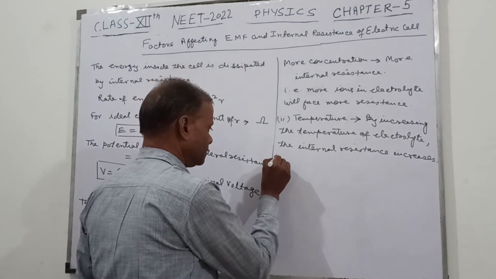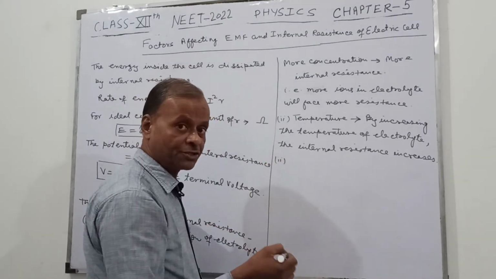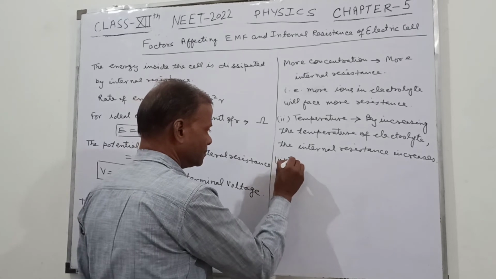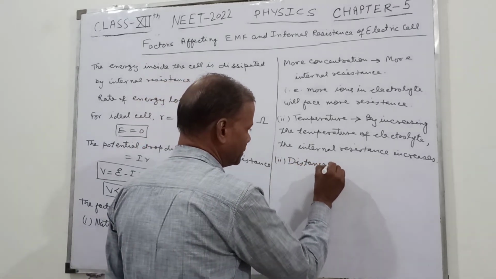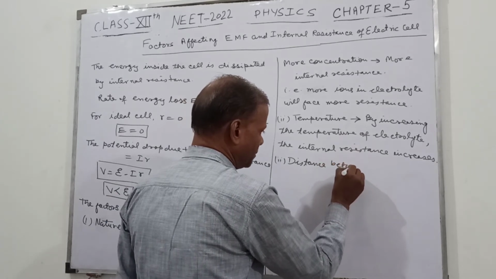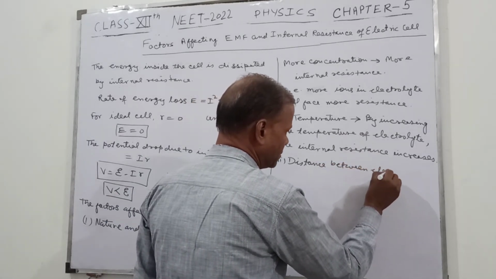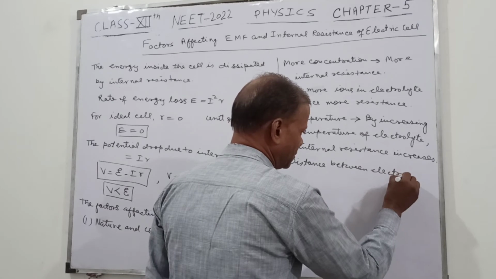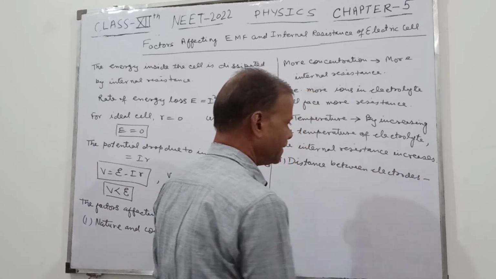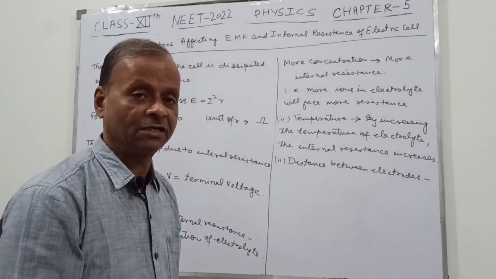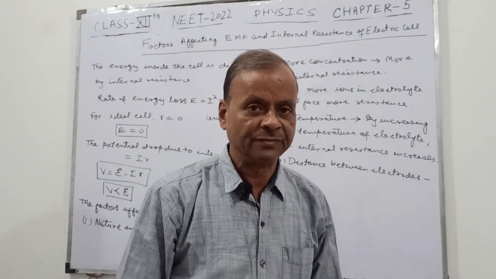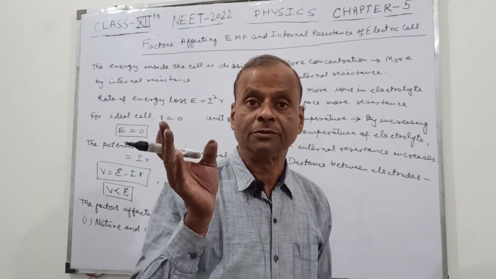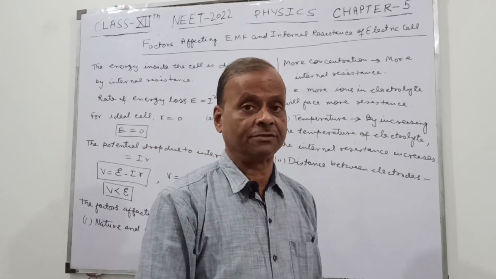Third factor, distance between the electrodes. More is the distance, more is the internal resistance. Why does this happen? When the distance between them is more, the ions have to face more resistance.